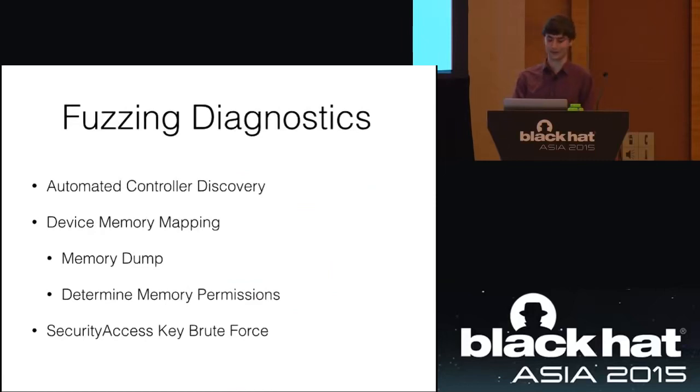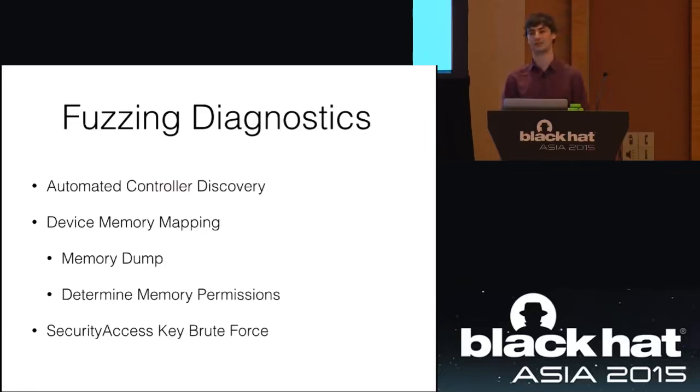So why might we want to look into these diagnostics? Well, fuzzing diagnostics basically can create a map of these controllers, right? So we did the automated controller discovery. That's a really simple example, but you can extend that example to automatically map all of the services provided by an automotive controller. So you could plug in and just request every routine, every data identifier, every piece of memory.